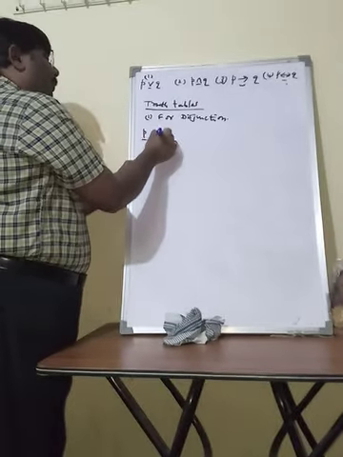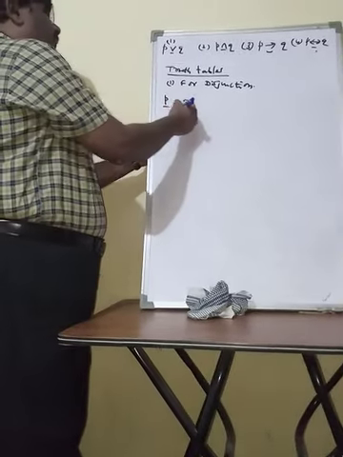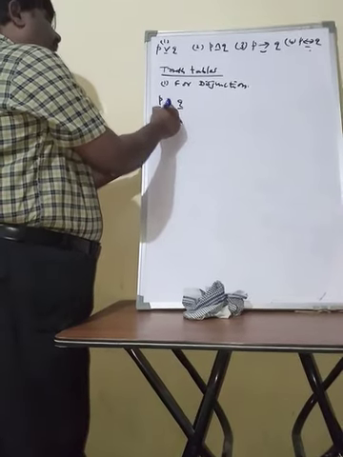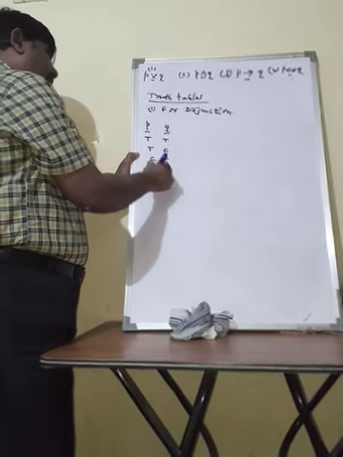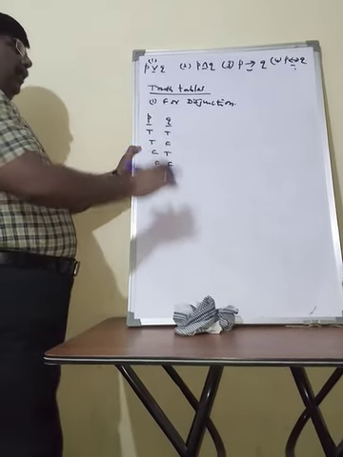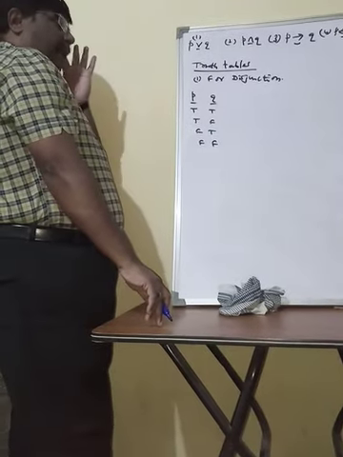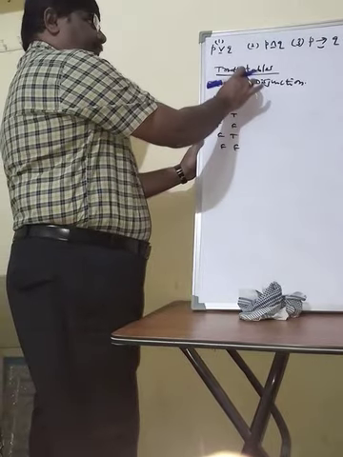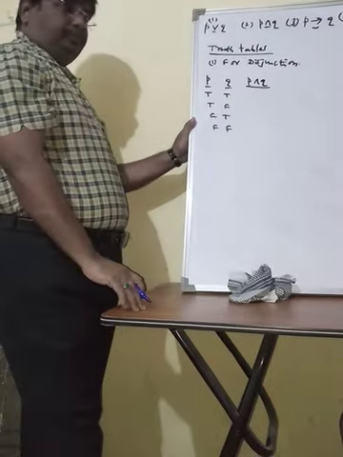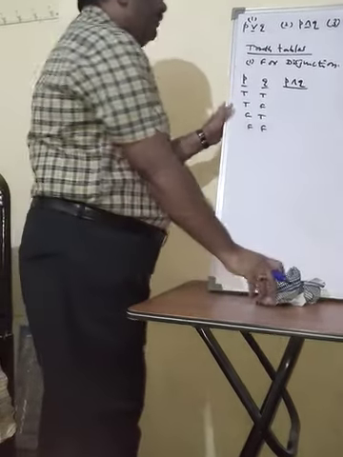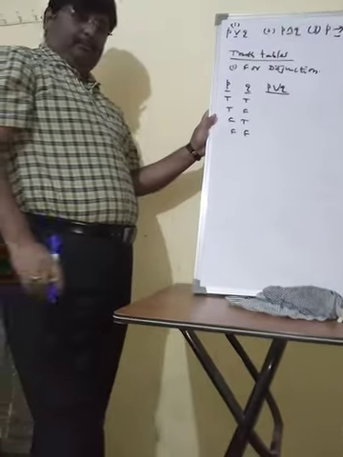Say the two components, two propositions P and Q. The possible truth values are TT, TF, FT, FF. These are the possible truth components of the two simple propositions. My aim is to write the truth values for the disjunction P disjunction Q.